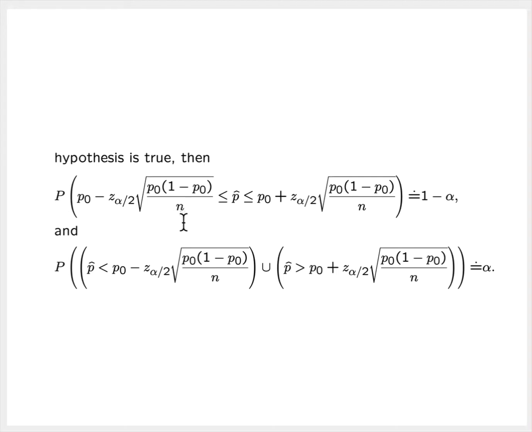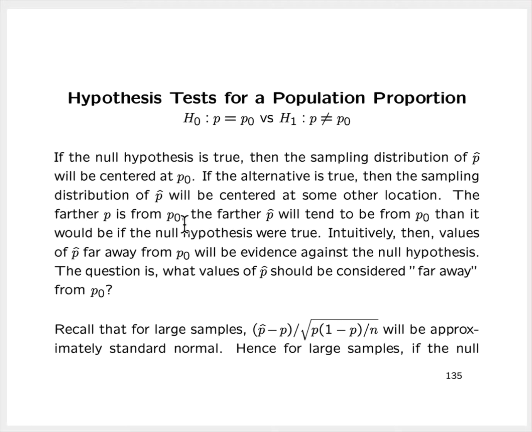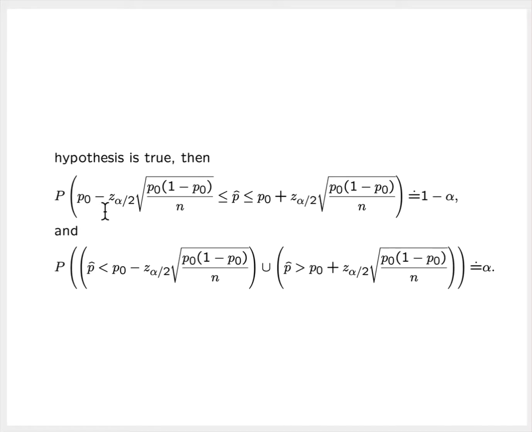And so if p is equal to p sub 0, that is why in this probability statement we're using p0 instead of just p, because under the null hypothesis p0 is p. So if the null hypothesis is true, what values of p hat would we expect to see with a fairly high probability?